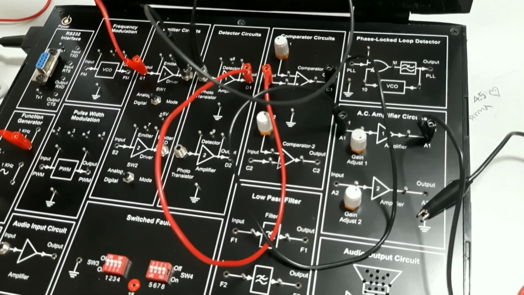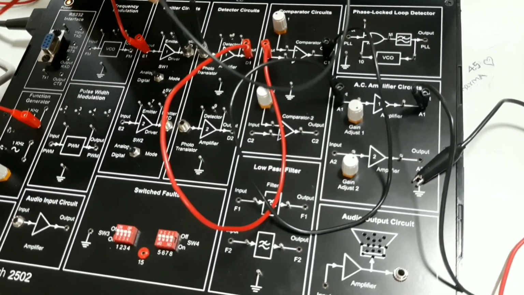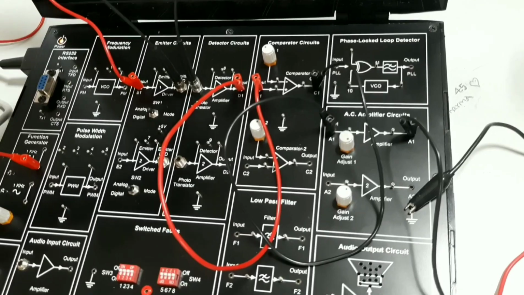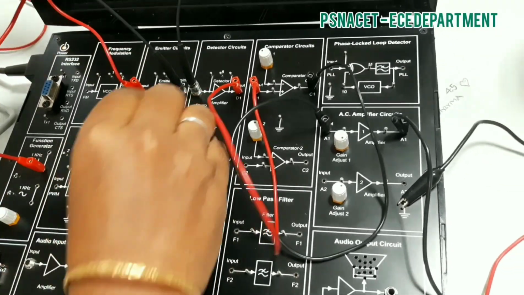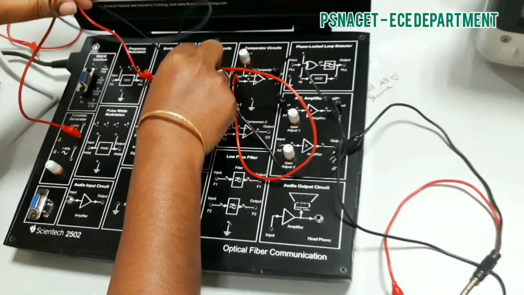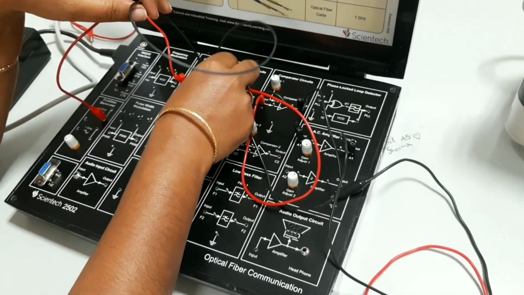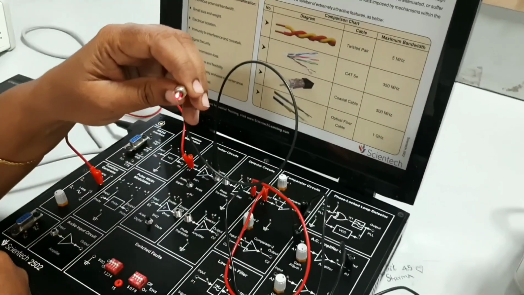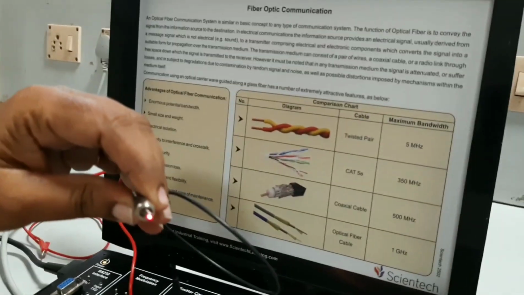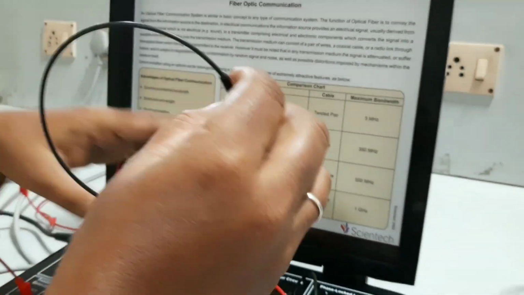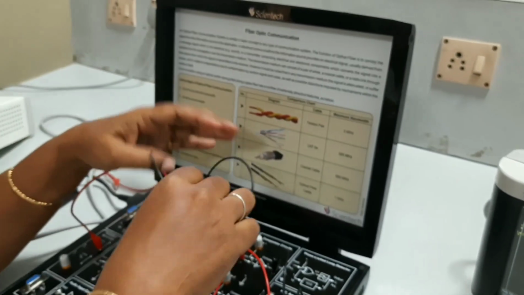The function generator input is given to the emitter circuit. Then from the emitter circuit there is an optical fiber cable. Let me check whether the signal is coming out of the fiber optic cable. Yes, the signal is coming out of the fiber optic cable. I am giving it to the detector circuit.